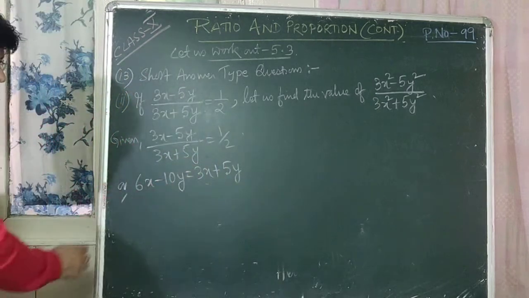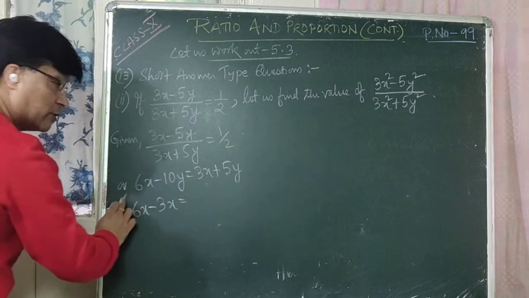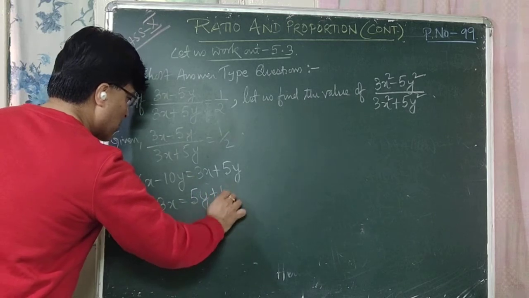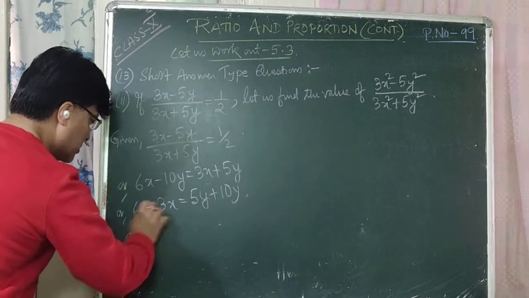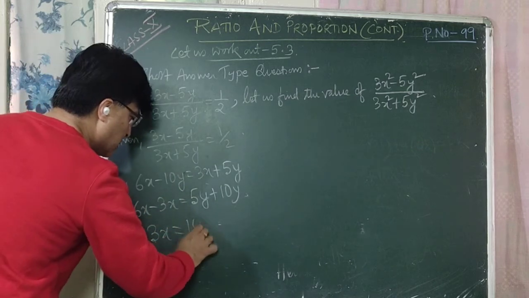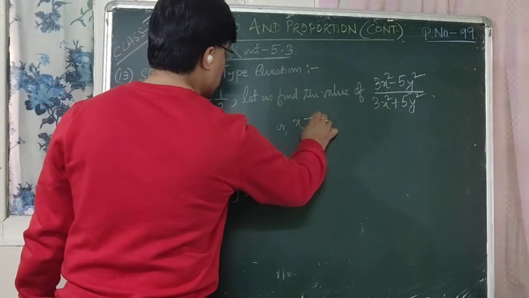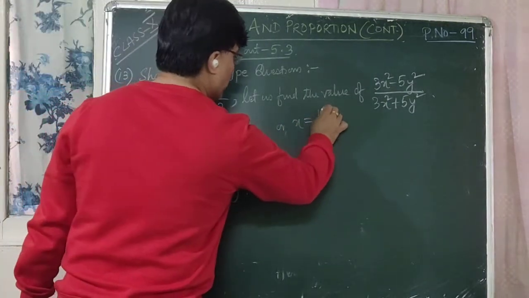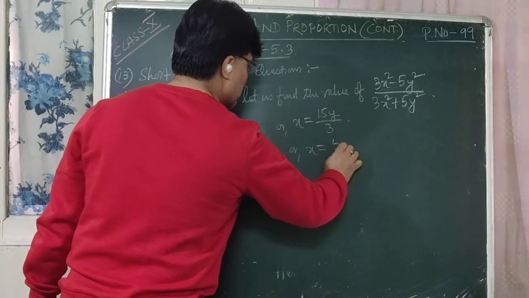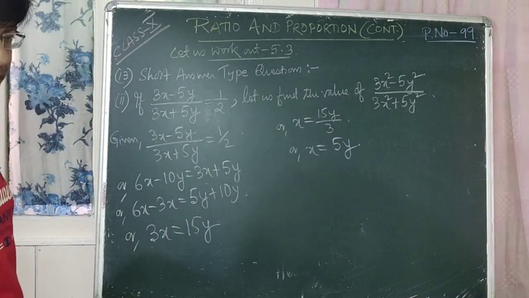Taking 3x to the left hand side and minus 10y to the right hand side, 6x minus 3x is equal to 5y plus 10y. So 3x is equal to 15y, or x is equal to 15y divided by 3. Three 5s are 15, so x is equal to 5y.